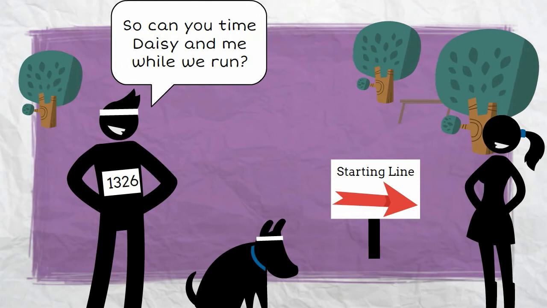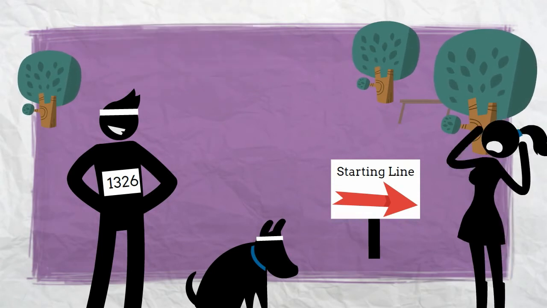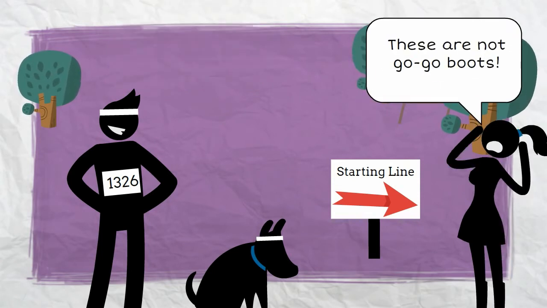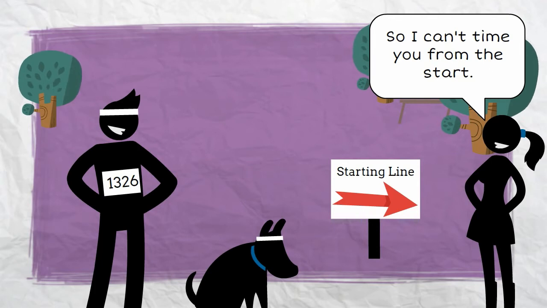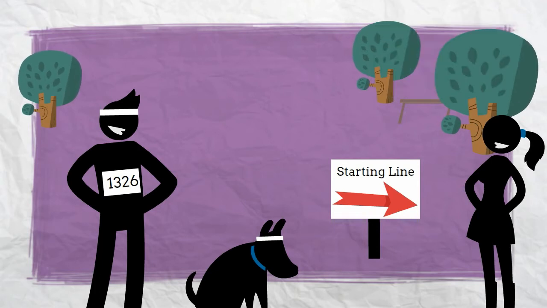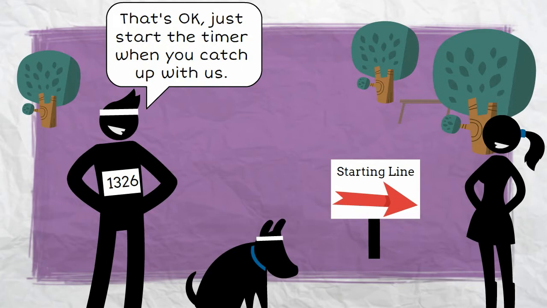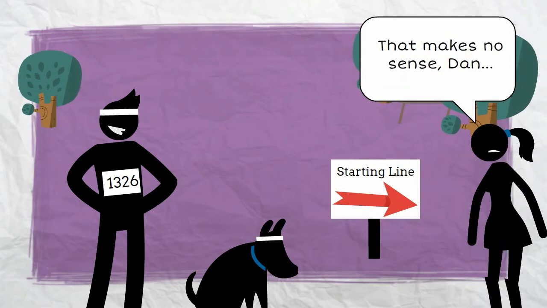So can you time Daisy and me while we run? These are not go-go boots. And besides, I volunteered to help the staff here. So I can't time you from the start. That's okay. Just start the timer when you catch up with us. That makes no sense, Dan.